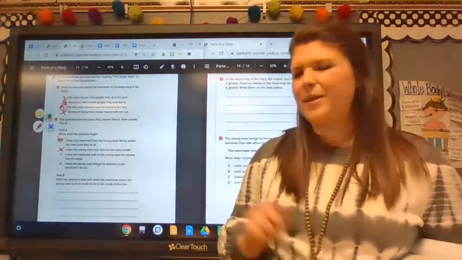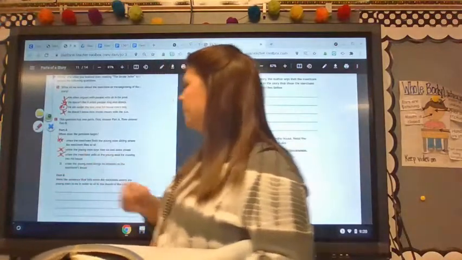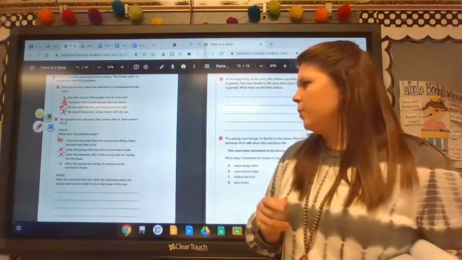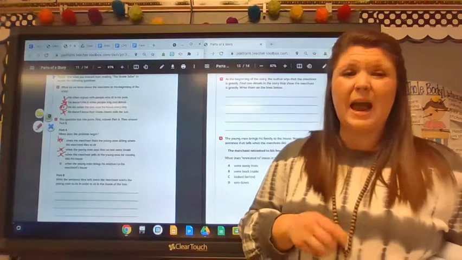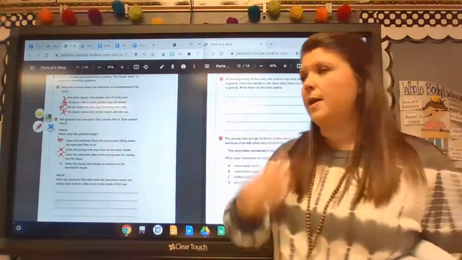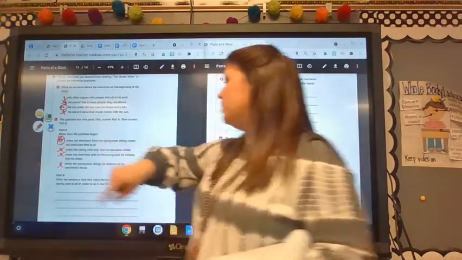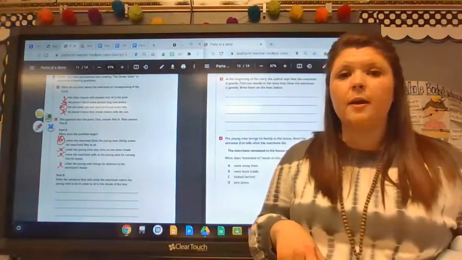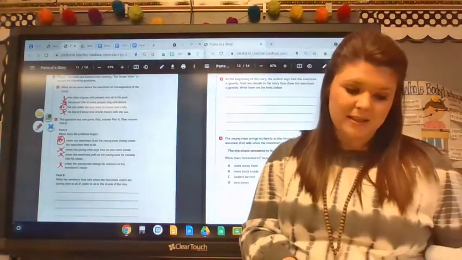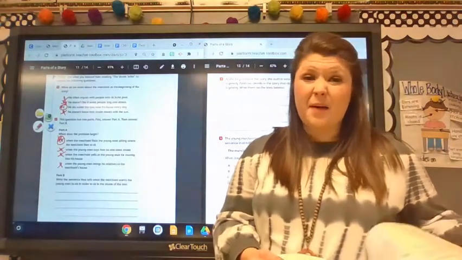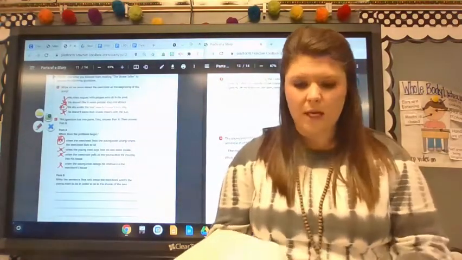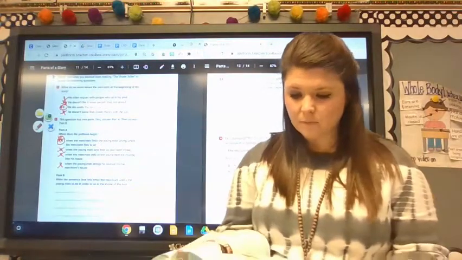That's a detail that happened at the end of the story, not the beginning. D, when the young man brings his relatives to the merchant's house. That happened in the middle of the story and not the beginning. So the problem begins when the merchant finds the young man sitting where the merchant likes to sit, right? That happened in paragraph 2 and 3, so we can go back and look there.